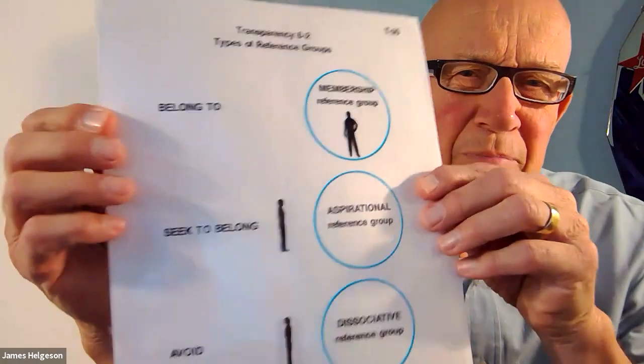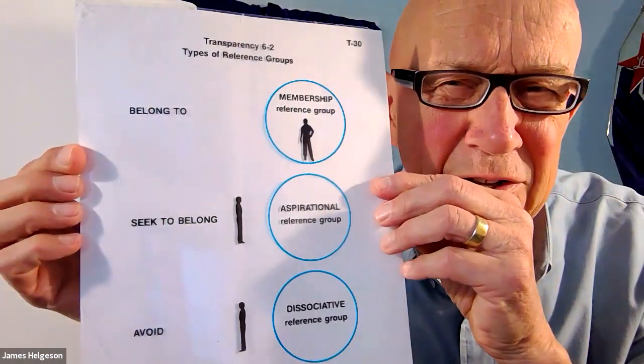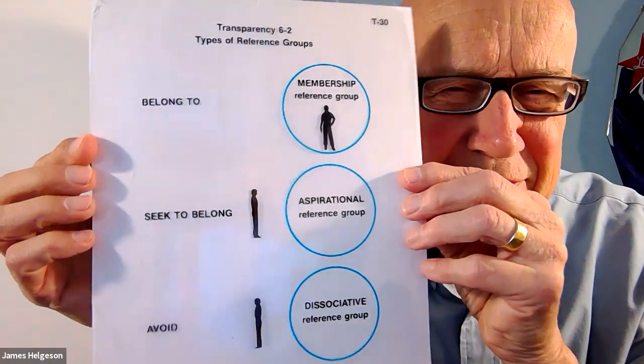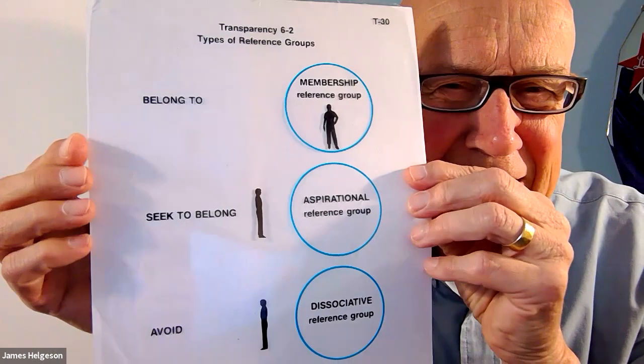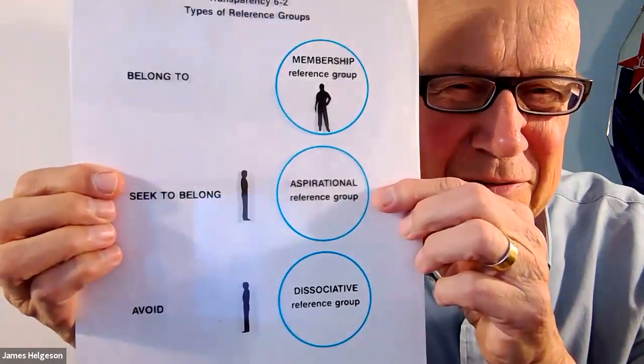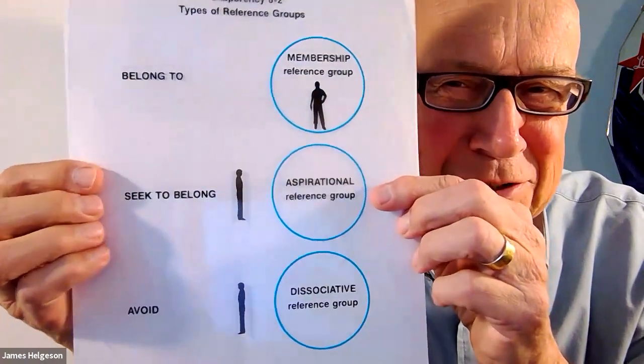You've got the group you're part of, but you could be influenced by groups you're not even part of. You could want to be like a certain group. I know a lot of you would like to be like college professors. I can tell you where I buy my snazzy button-down shirts.